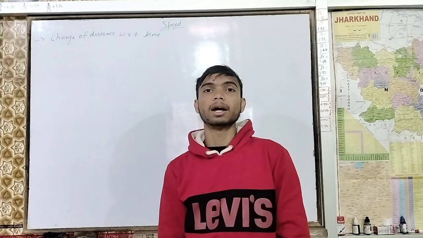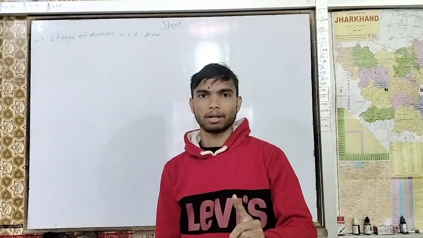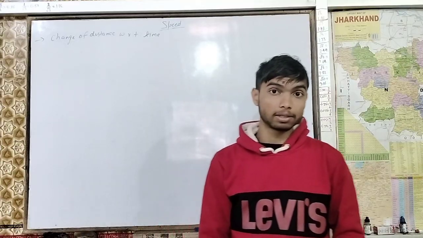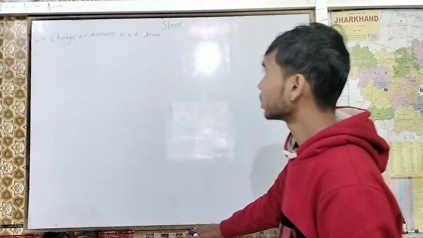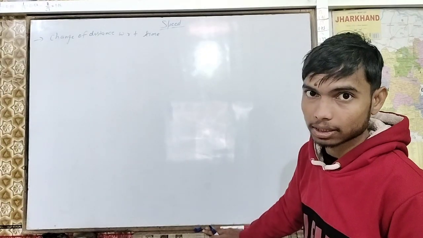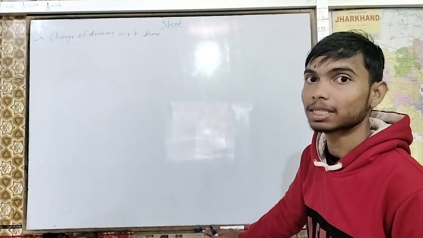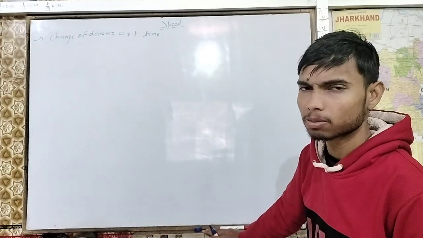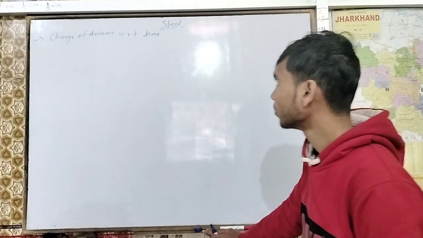But if there is a speed, it means there is a change in distance, and then you will be able to observe the speed. After 1 second, what is the distance? After 2 seconds, if the distance is changing, it means the speed is increasing, or maybe decreasing.